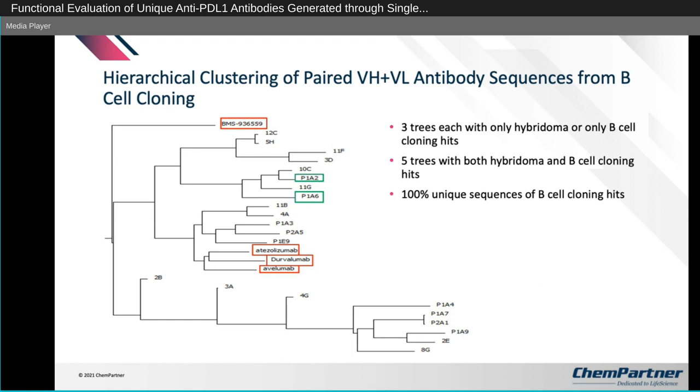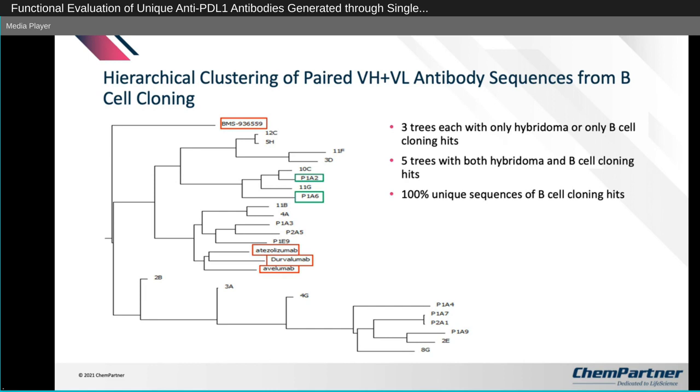So here is a summary of the antibodies that we were able to obtain from the B cell cloning and hybridoma approaches. Overall, as you can see from the hierarchical clustering tree, most of the antibodies were unique and distant from the benchmark, but I definitely wanted to point out that the two antibodies that had really good affinity, listed in this green box, are unique as well as distant from the four benchmarks that we tested.